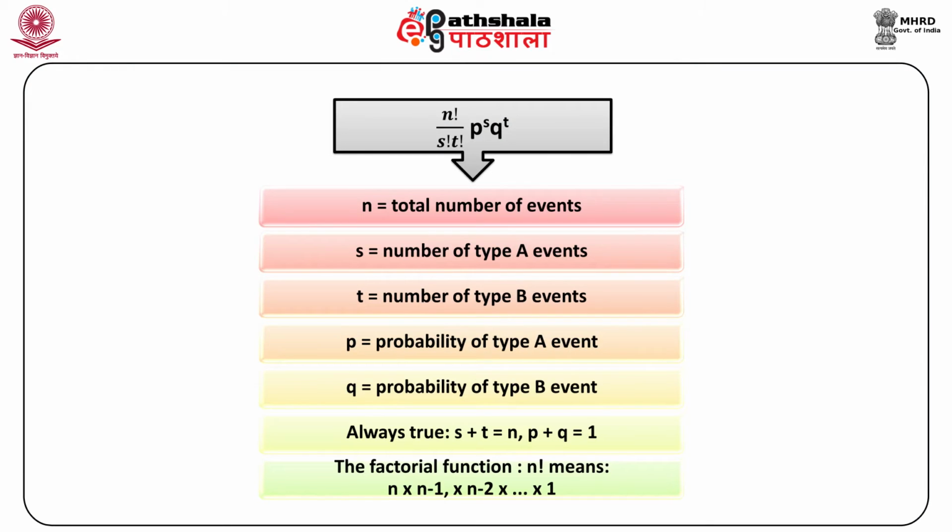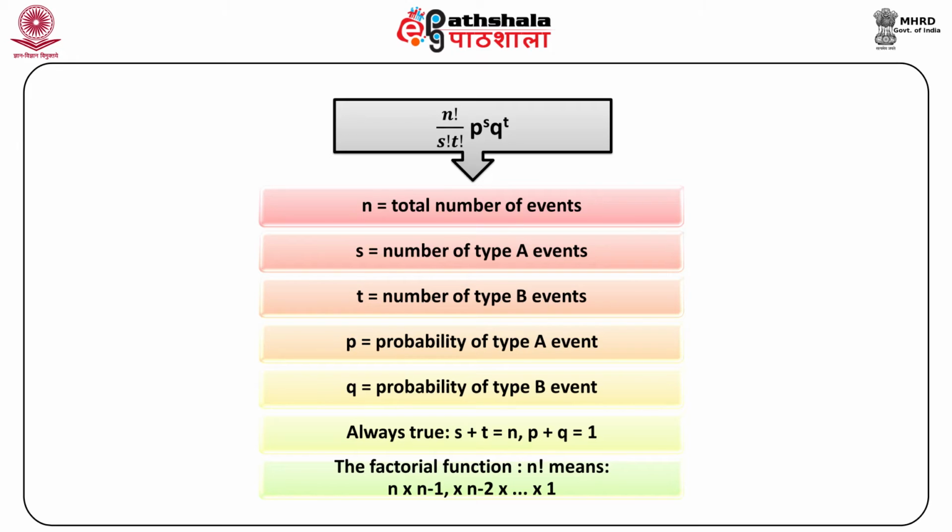Then the binomial formula for calculating the probability of S type A and T type B events is n factorial divided by S factorial multiplied by T factorial, which whole is then multiplied by P raised to the power S and Q raised to the power T, where n is the total number of events, S is the number of type A events, T is the number of type B events, P is the probability of a type A event, Q is the probability of a type B event, and it is always true that S plus T is equal to n and P plus Q is equal to 1.